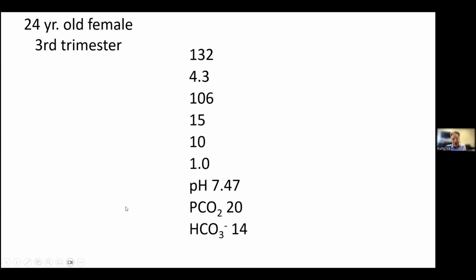So as I said before, probably the most common cause of chronic respiratory alkalosis on the earth is women in the 3rd trimester of pregnancy. The next most common probably is people that live at high altitude. So after about 3,000 feet, you start getting noticeable changes in the acid-base status where you get chronic respiratory alkalosis. Probably the 3rd most common is end-stage liver disease or chronic liver disease like we have in our hospital.